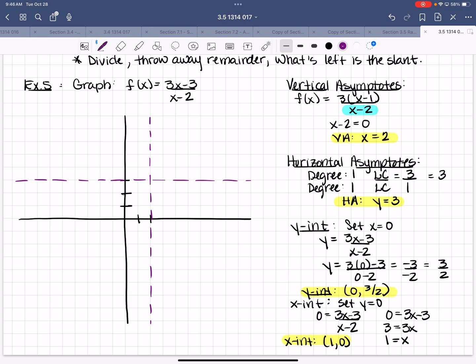So this old function's not going to cross over those lines. Let's see what else I have. I have a y-intercept at (0, 1.5), so right here, and then an x-intercept at (1, 0).